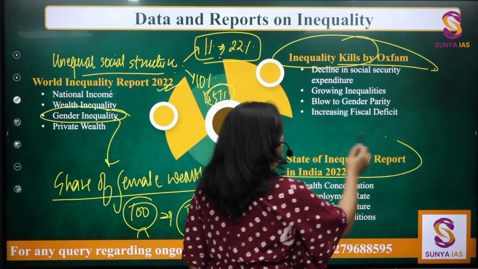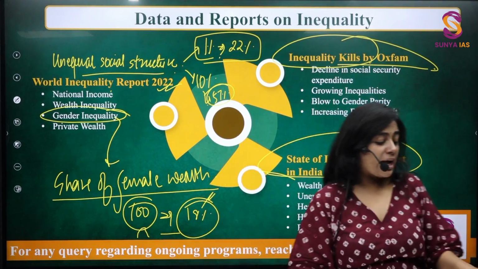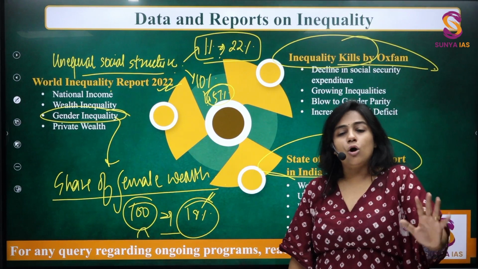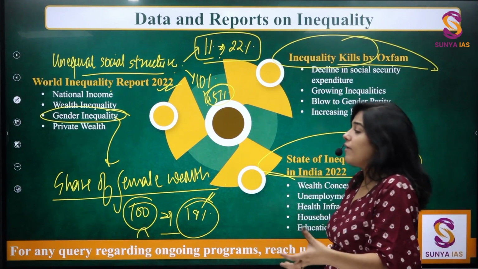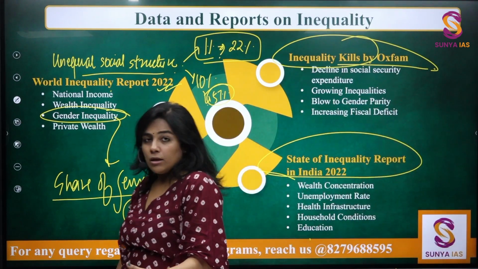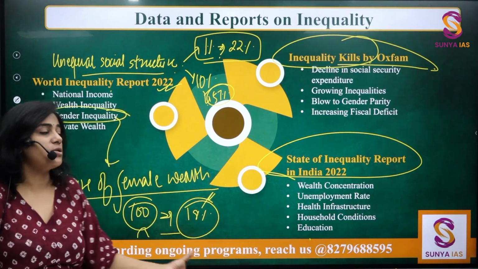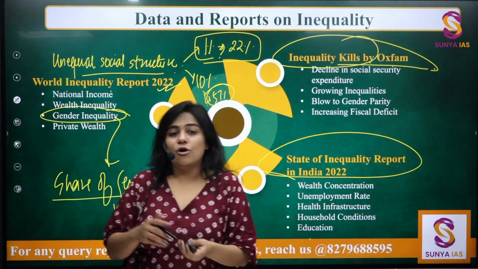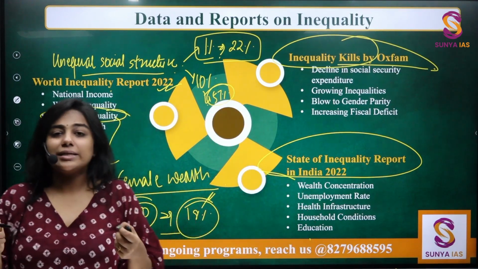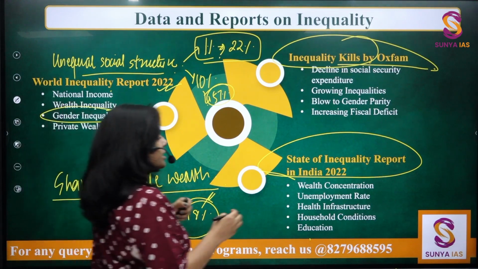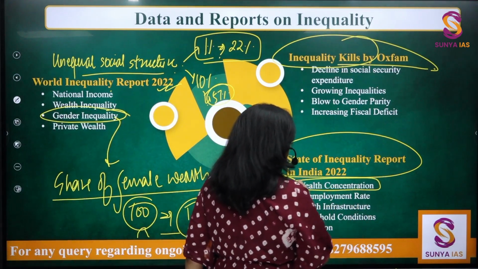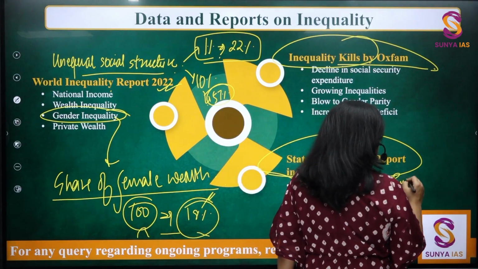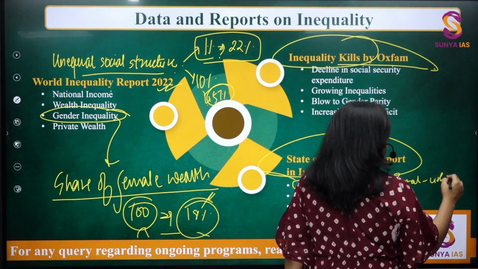Then there is the State of Inequality report in India, and please make sure that you are not writing all of this in one go. There is no value when you write it this way. You write down the points that I'm telling you, but overall, when you are writing the impacts of wealth inequality, then for example, you write that one of the impacts is it increases the rural-urban divide.